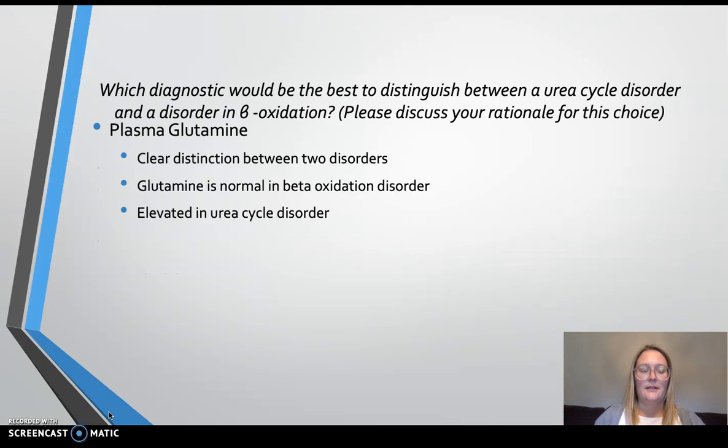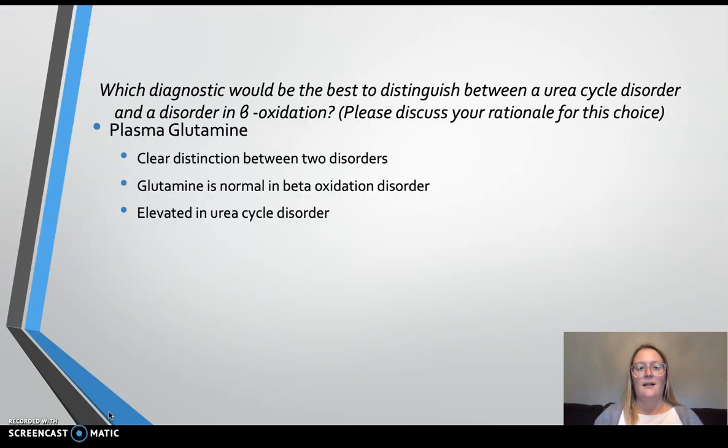So to answer that question, the best diagnostic test that would be able to distinguish between the urea cycle disorder and a disorder in beta oxidation would be plasma glutamine. The rationale behind this answer is that the diagnostic test will demonstrate a clear distinction, because glutamine levels will be normal in beta oxidation disorders but are going to be elevated in urea cycle disorders.